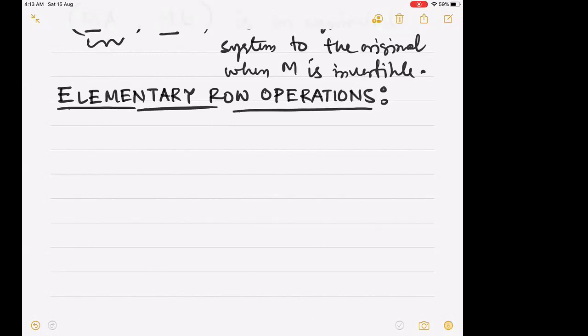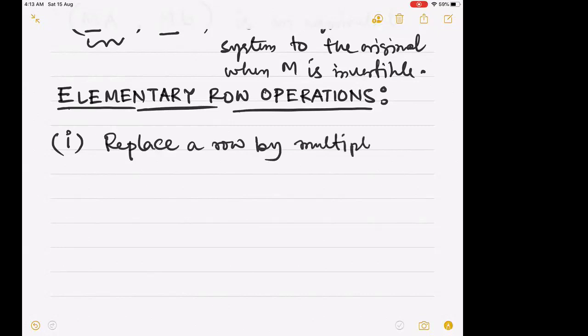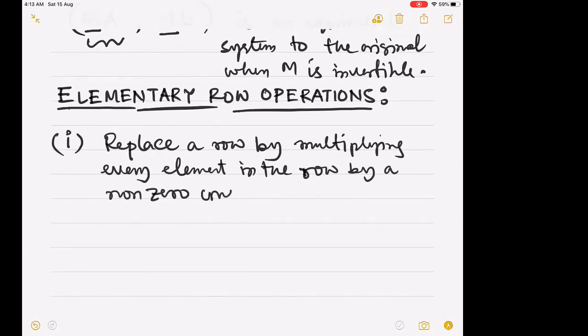Number one, given a matrix, replace a row by multiplying every element in the row by a non-zero constant.